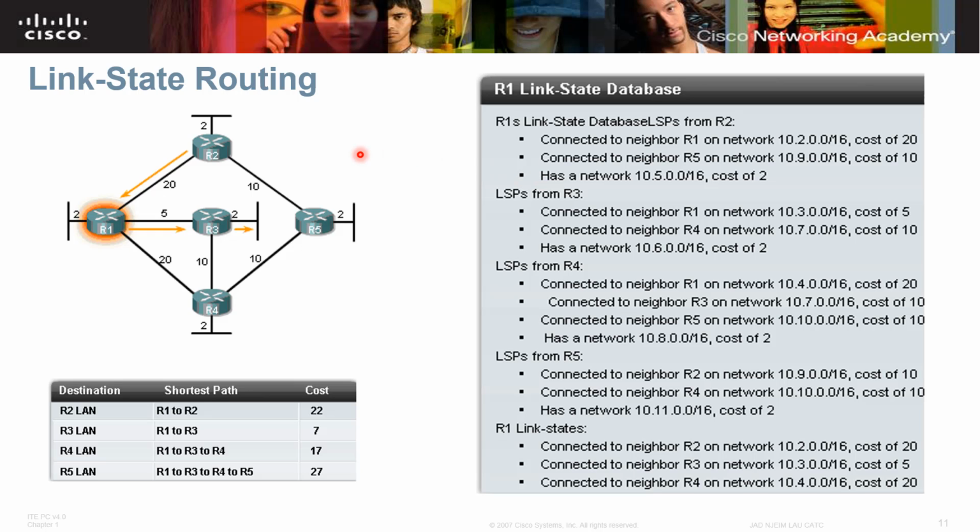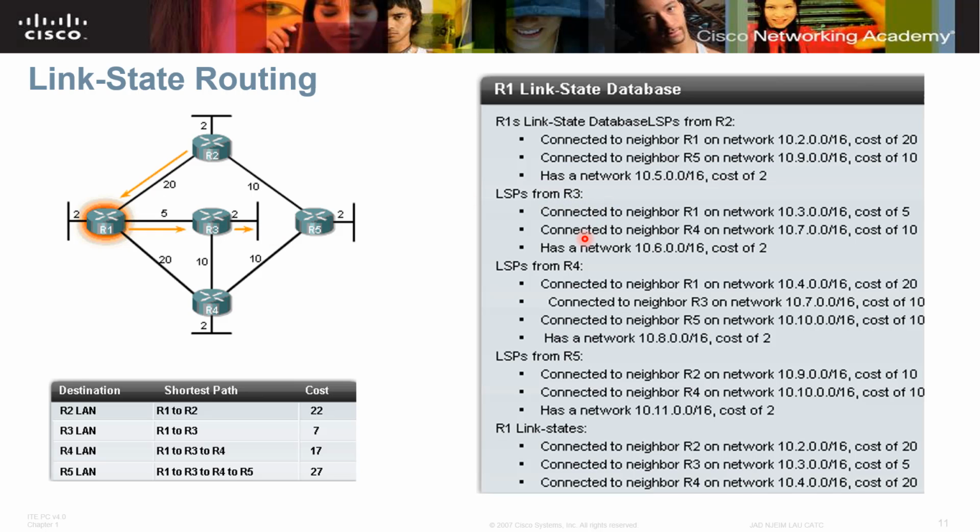Once R1 receives this information, it will put it into the database. So R1's database will contain all information about R2, also all information about R3. Here R3 is connected to R1, connected to R4, and connected to local hosts by cost of 2.